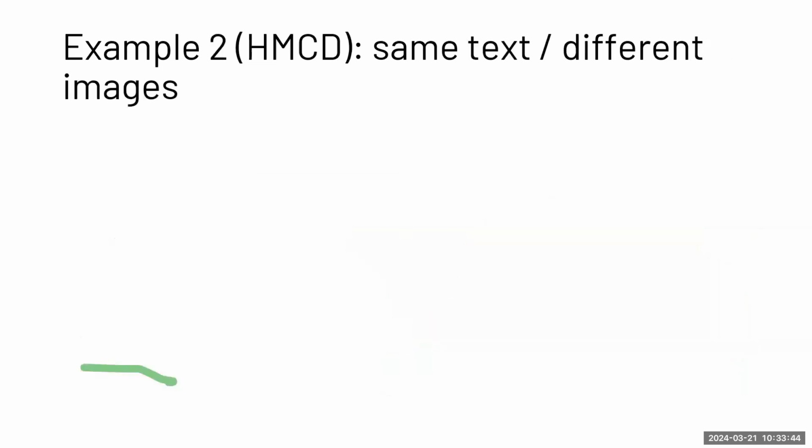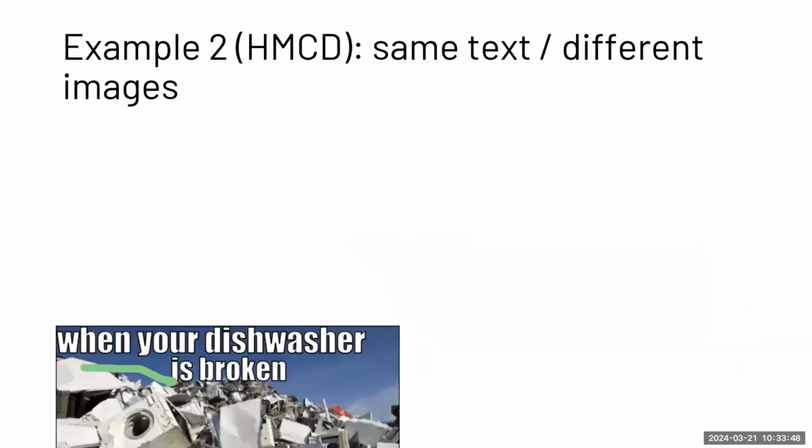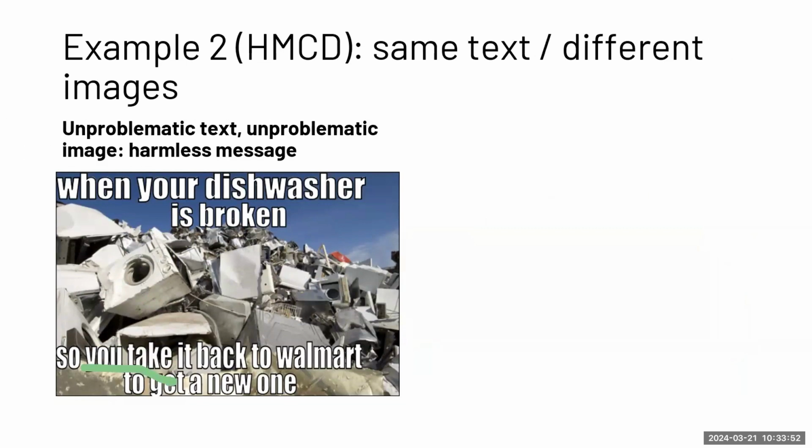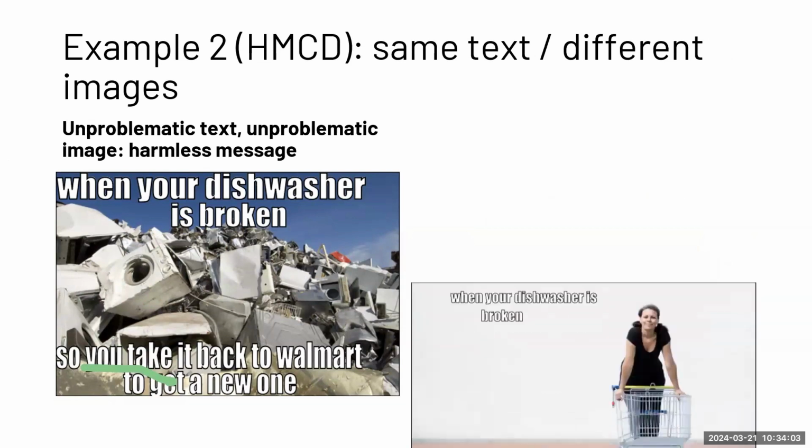In the second example, you see reversed roles. So same text and different images. The first example: when your dishwasher is broken, so you take it back to Walmart to get a new one. So this is unproblematic text and image. The resulting meaning is harmless.